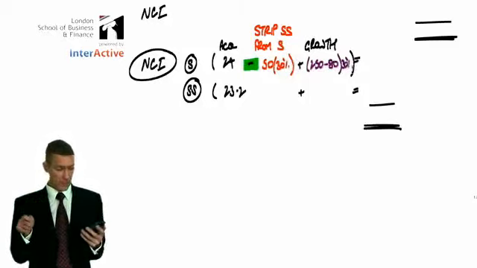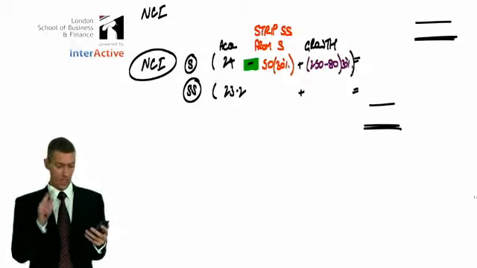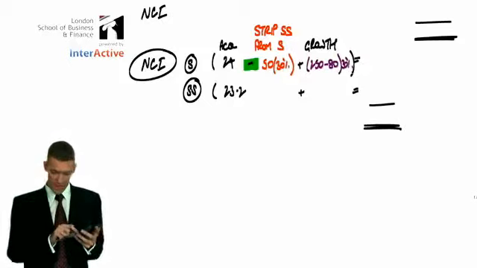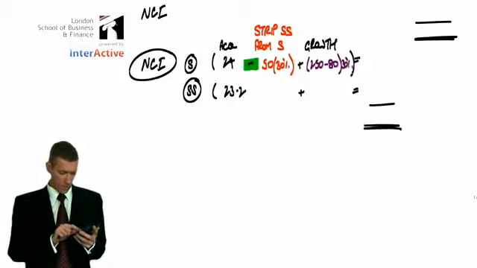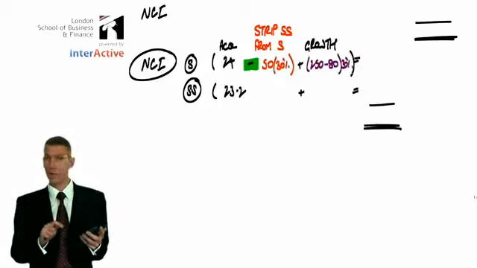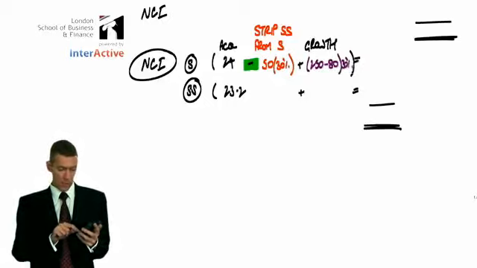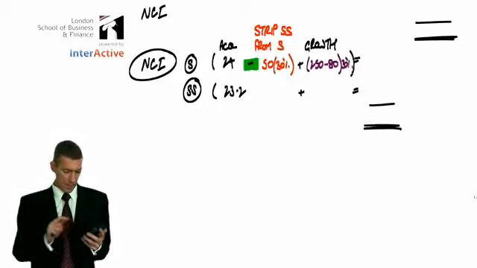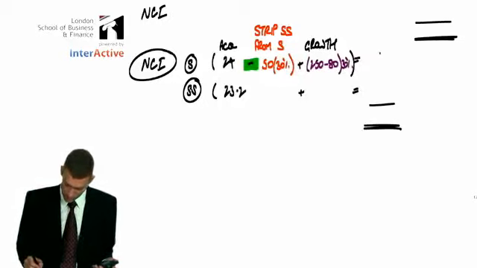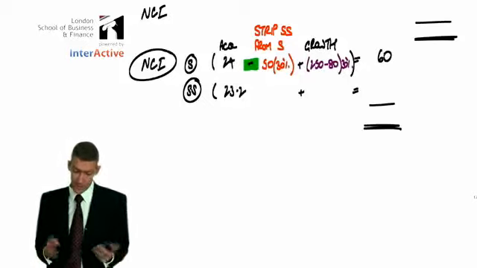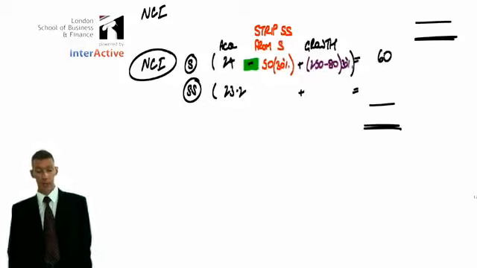So the pure mid-sub acquisition NCI is 9, and the growth in that is 250 minus 80. So the growth is 170, belonging to the NCI is 0.3 of that, 51. 51 plus the original 9 is 60.